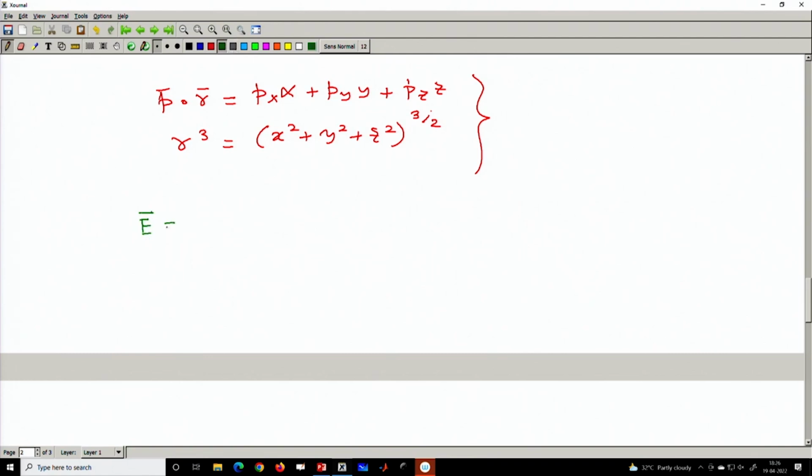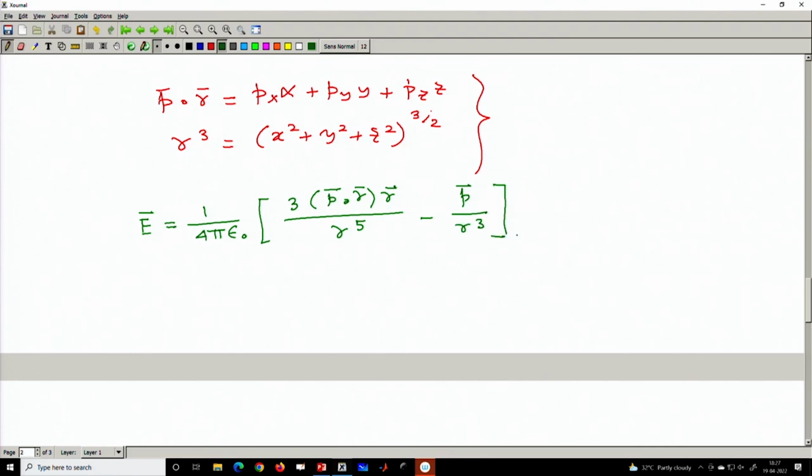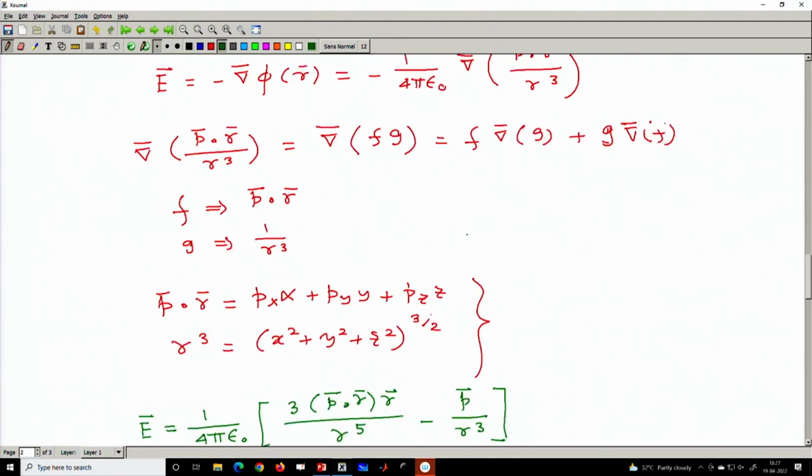A straightforward calculation, that is why I keep it as homework for you, but I believe you can do that. Then you will get 3 p dot r times r divided by r to the power 5 minus p divided by r cube. Please follow the standard way, and it will not take much time to calculate the E out of the potential that we calculated.